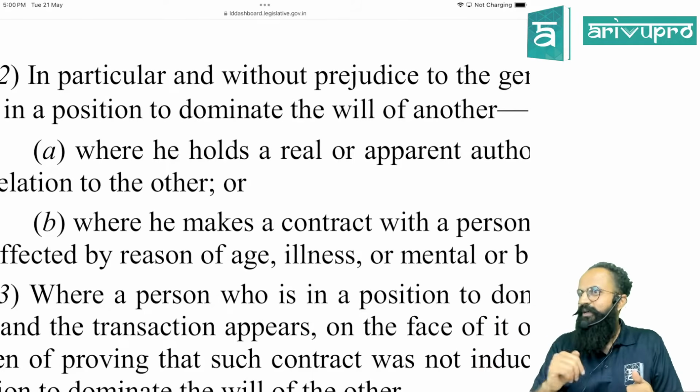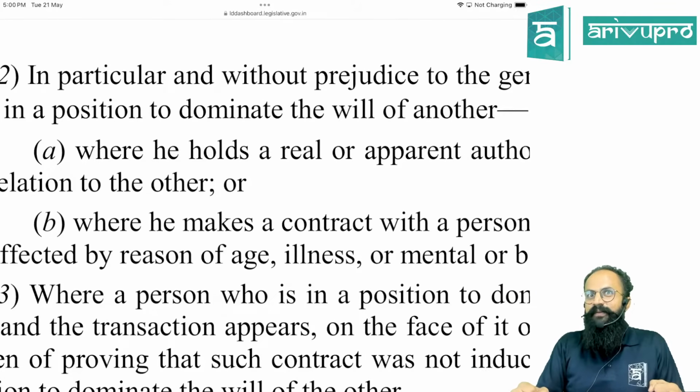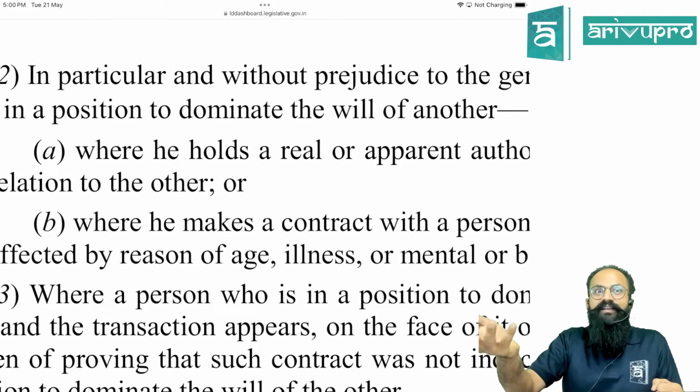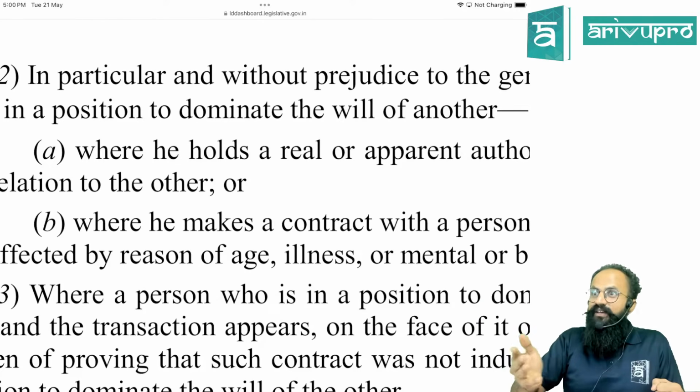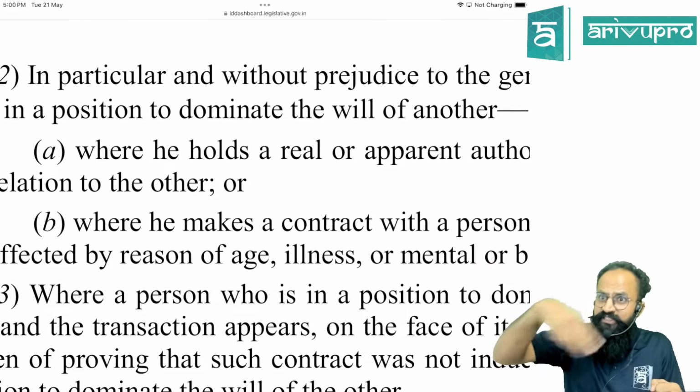Now you guys tell me, law has written as he. Does it include everyone or only one person? He, them, something like that we have studied. When they write he, are they referring to one person or everyone?